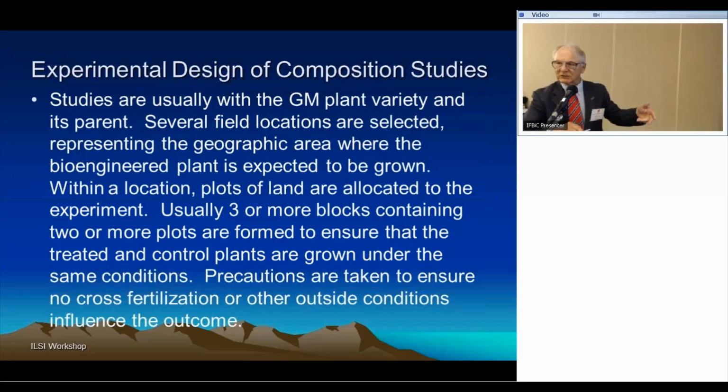And you do that by blocking if you expect different parts of a field would have soil that would be different enough to cause a difference in the plant. So that's why you're putting them in blocks, to narrow down the differences that might exist there.